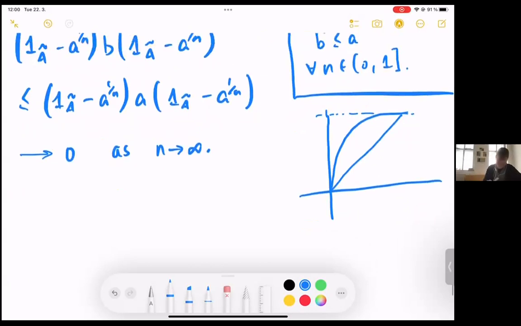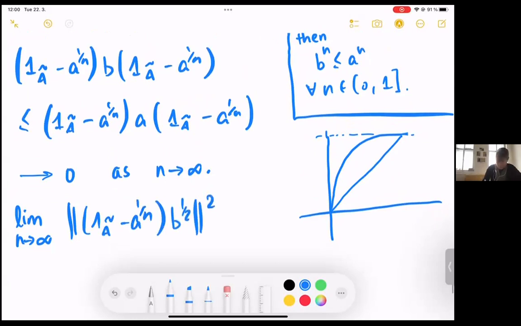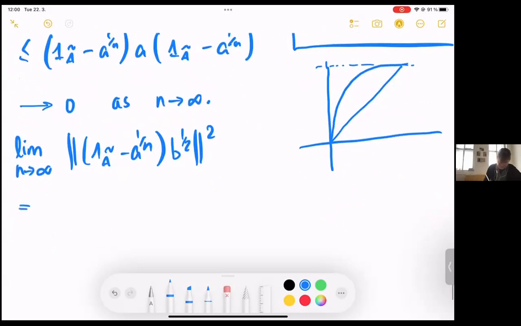Thus, we see that the limit, again, using the C-star equality.